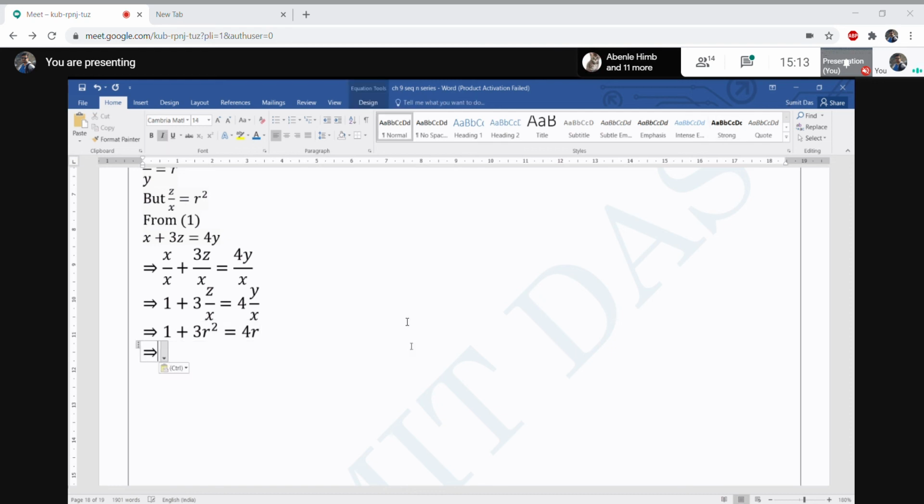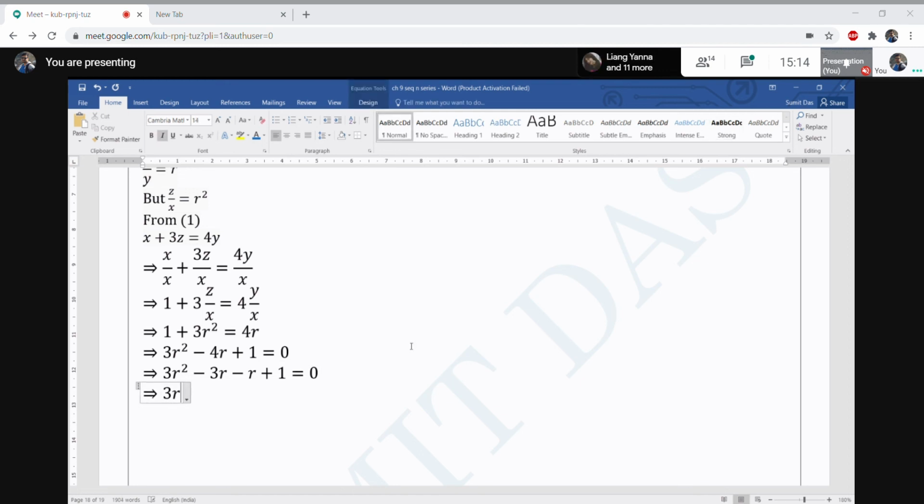So next line it will be 3r square minus 4r plus 1 equal to 0. Now you have to do the middle term factor: 3r square minus 3r minus r plus 1 equal to 0.